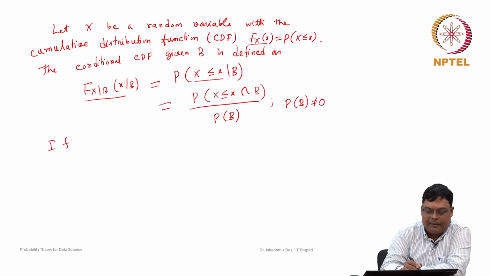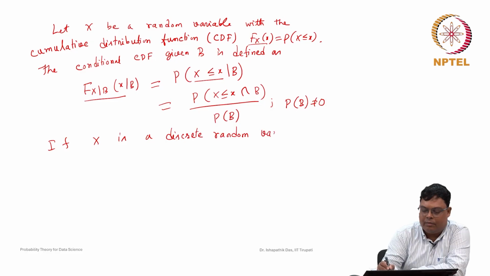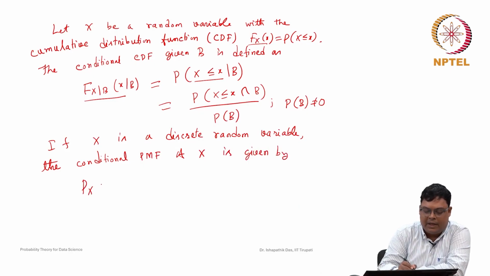Now, if x is a discrete random variable, then we have to define the conditional probability mass function. If x is a discrete random variable, the conditional probability mass function of x is given by p_X(x_k | B).